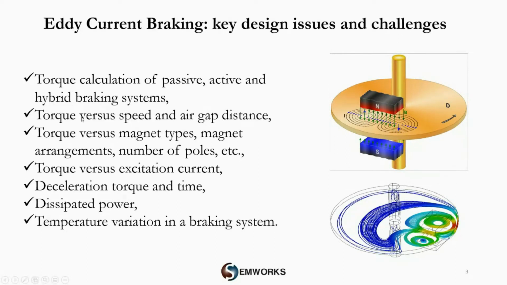So the torque depends on the speed of the disk, the air gaps, what type of magnet, what type of material, the number of poles, excitations, and all of that. That is the crux of the matter, to properly design and produce proper torque.